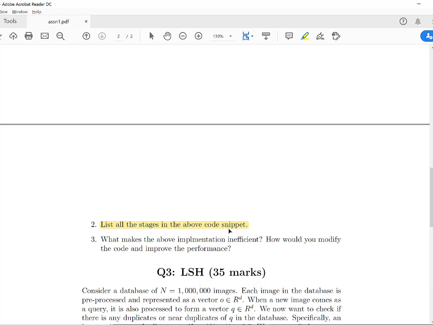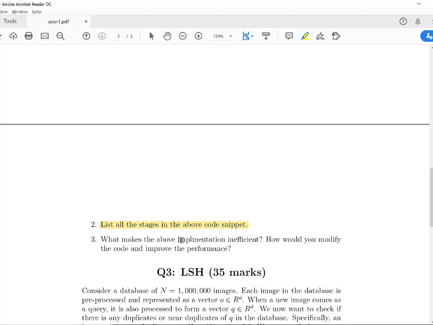We're not expecting to see exactly the same way of presenting a stage, but as long as your understanding is correct, you will get full marks for this question.